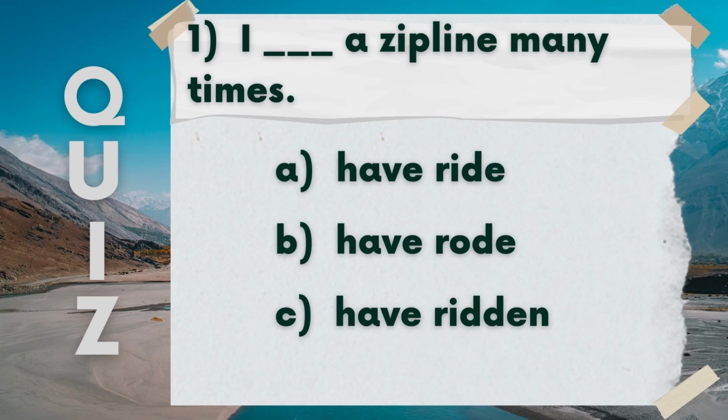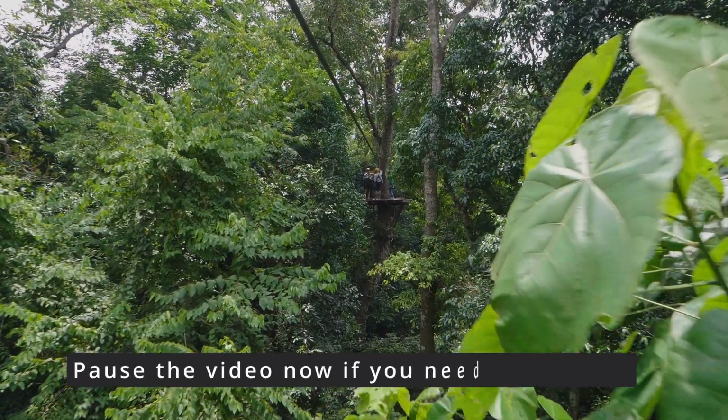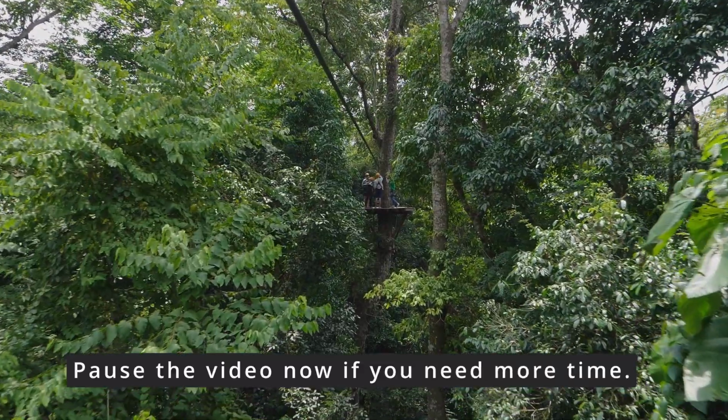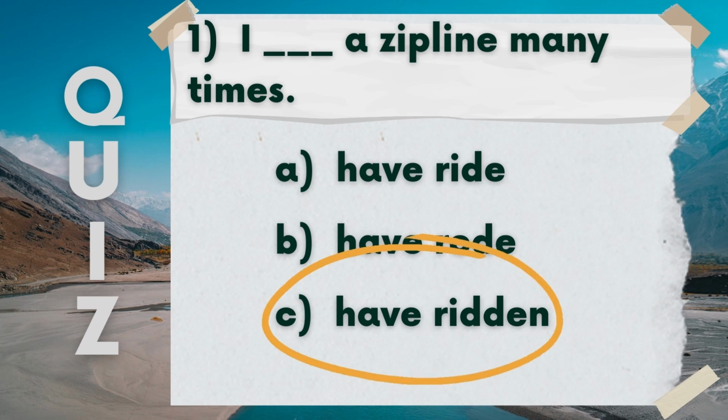Let's check our understanding. Question 1. I, blank, a zip line many times. A. Have ride. B. Have rode. C. Have ridden. If you said C, have ridden, you are correct. I have ridden a zip line many times.